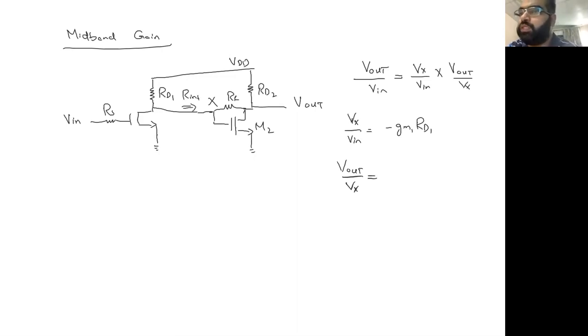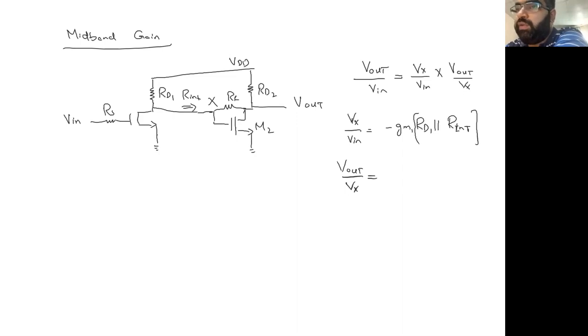Since we are seeing at this point, it's going to be the same R int, so RD1 in parallel with R int. So we need to be careful. This second impedance that we saw is now coming in parallel with RD1. So we have Vx by Vin equal to minus Gm1 RD1 parallel with R int.